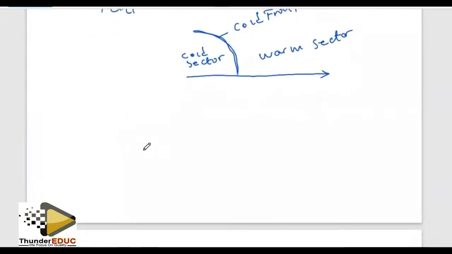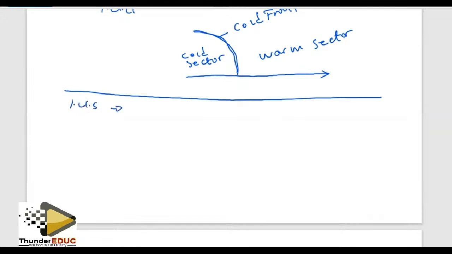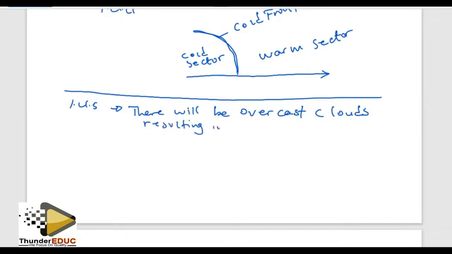All right. So ahead of the cold front, we're going to say, because there will be overcast clouds resulting in poor visibility.